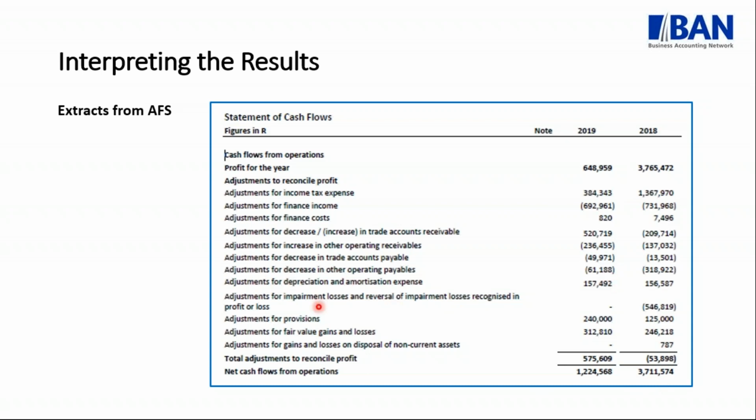Impairment losses or reversal of impairment losses, non-cash entries. And these are all flowing through from your IFRS. Those are non-cash. Fair value gains and losses, non-cash. Adjustments for gains or losses on disposal of non-current assets, that's also non-cash. And that's just to give you an indication as to what could possibly come into your cash flow statement to get to your cash flows from operations, just so that you are aware of those and know where to look for them.